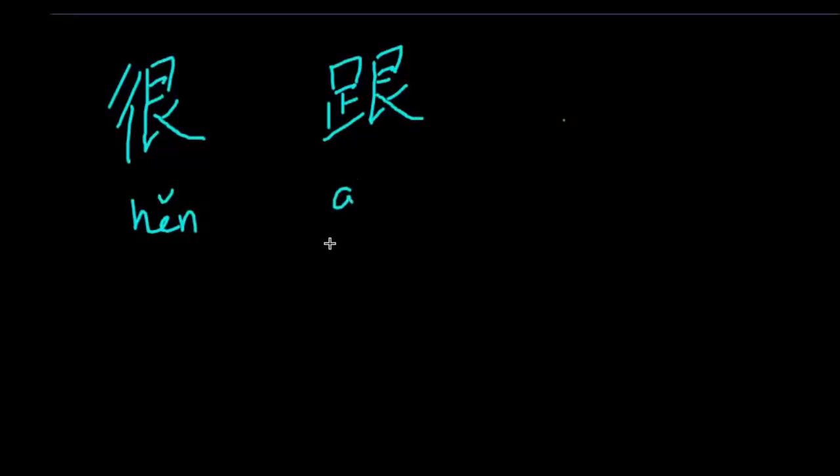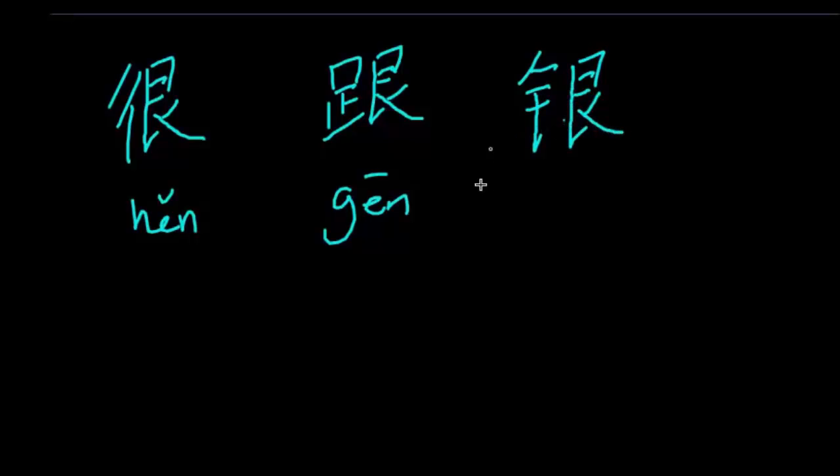It means with. And this is hang. Oh, sorry, it's not hang. It's yin. Yin is second tone. I said hang because yin hang means bank, but sorry, this is yin. Now let's take a look at each one of these.